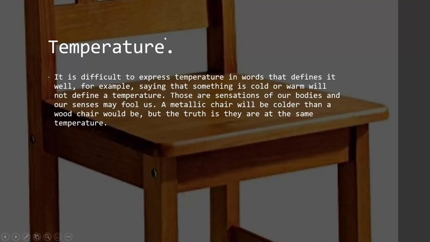And we also have temperature. It is difficult to express temperature in words that define it well, but for example, saying that something is cold or warm will not define the temperature. I can say that a chair is cold or warm depending on the material it is made of, but the truth is that they are at the same temperature.